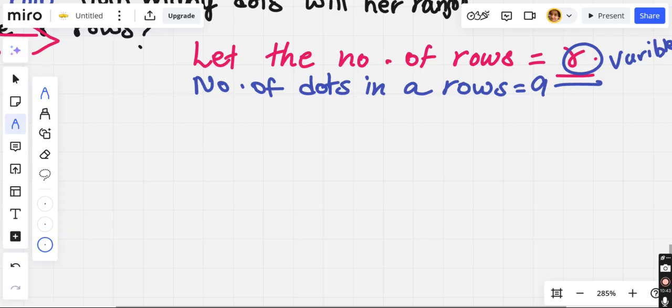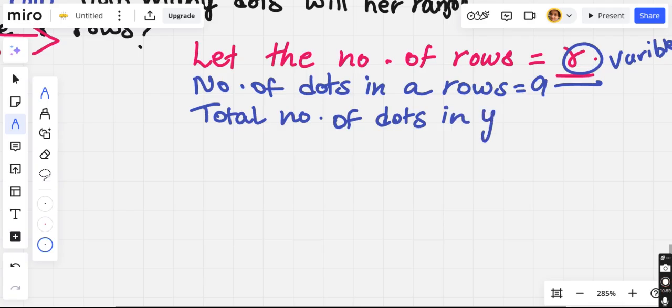I need the total number of dots in r rows. So I will multiply 9 into r, which is equal to 9r.